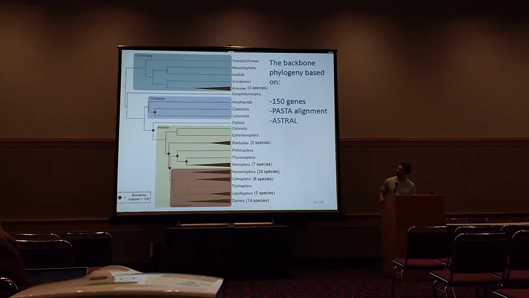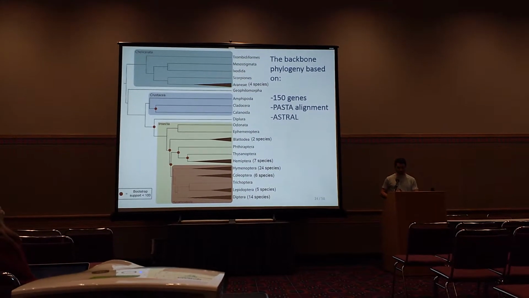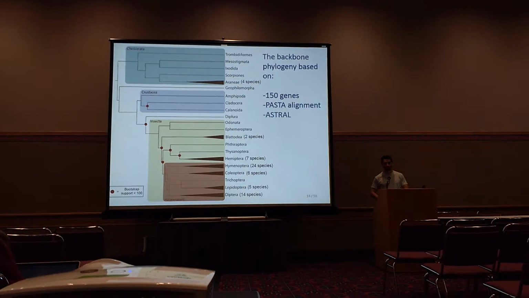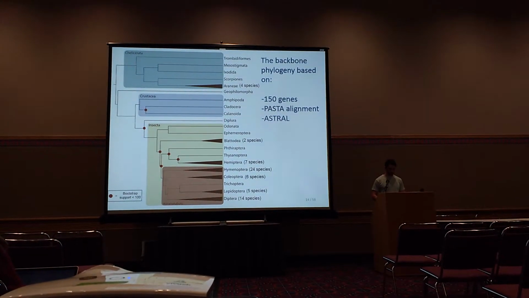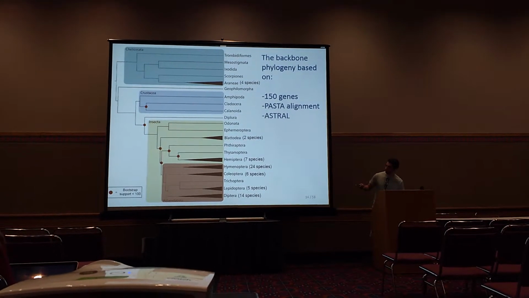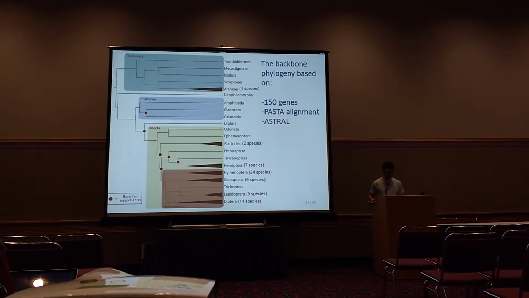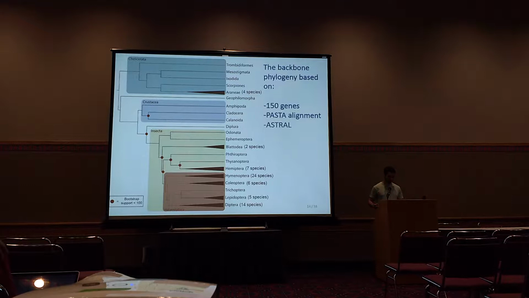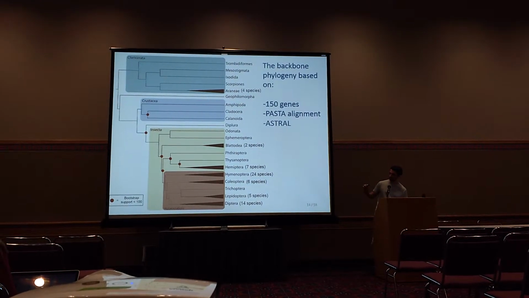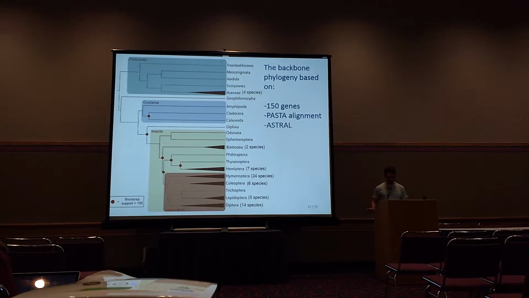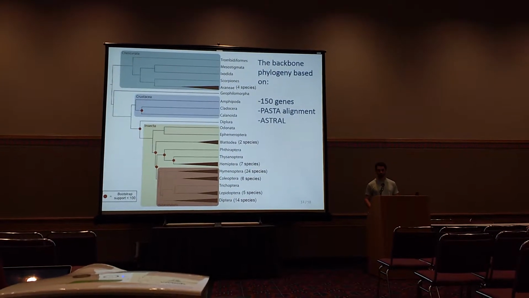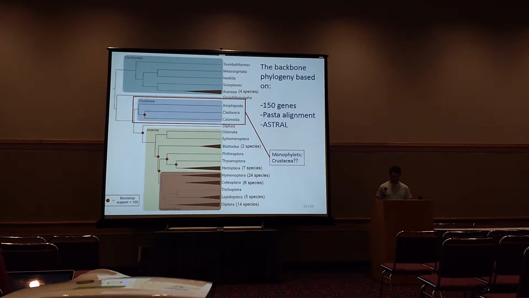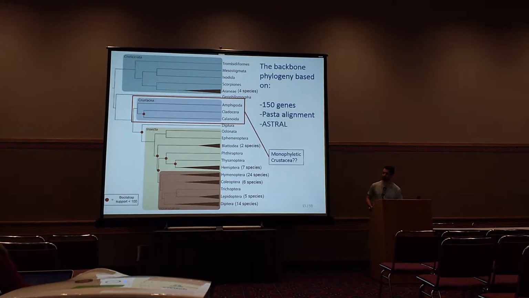And this is the tree from the PASTA alignment of these genes and reconstruction with the coalescent method ASTRAL. And I think this ordering pretty much agrees with the accepted relationships among these lineages. There's some lower bootstrap support in these ancestral holometabolous nodes, but the ordering among the lineages was the same through all 6 methods.